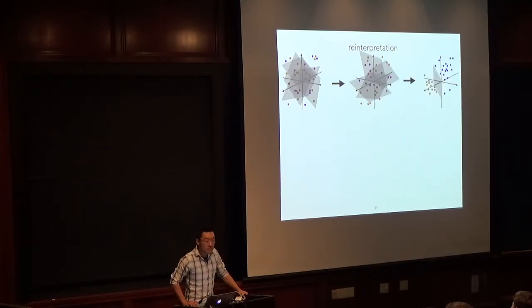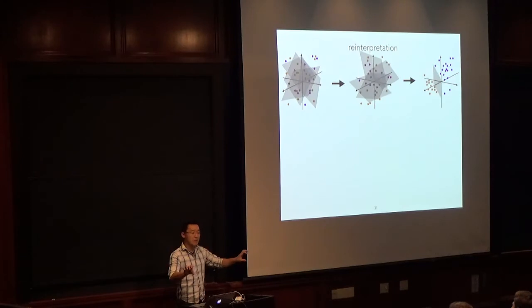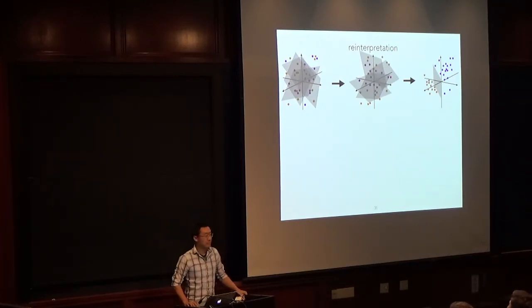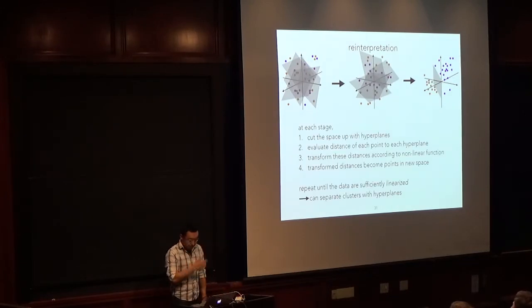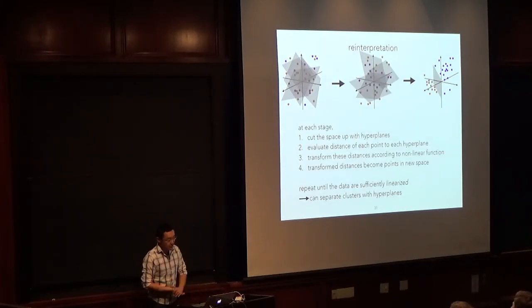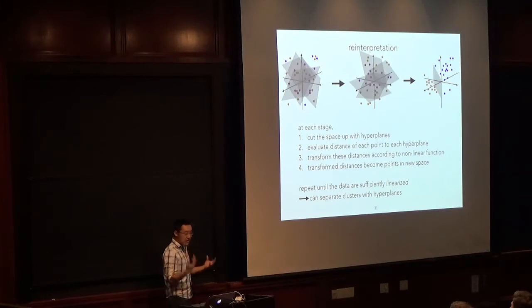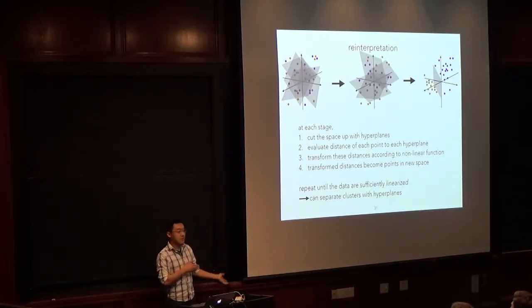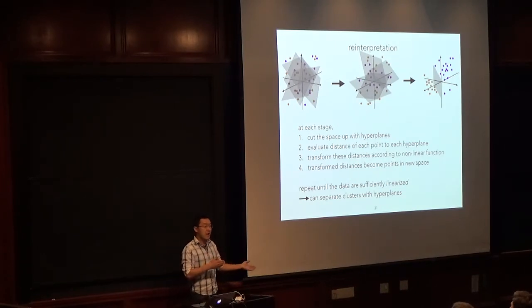Question: is the dimensionality of the space variable? Yeah, that's part of the design of the architecture of the deep neural net: the size of each hidden layer, how many hidden layers. At each stage, each layer has a layer of artificial neurons, and each one corresponds to a hyperplane in this input space. The input space is defined by the outputs of the previous layer.